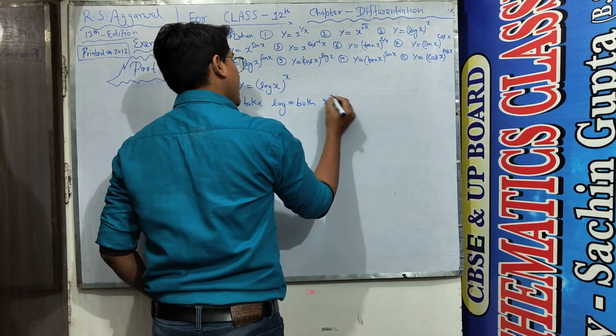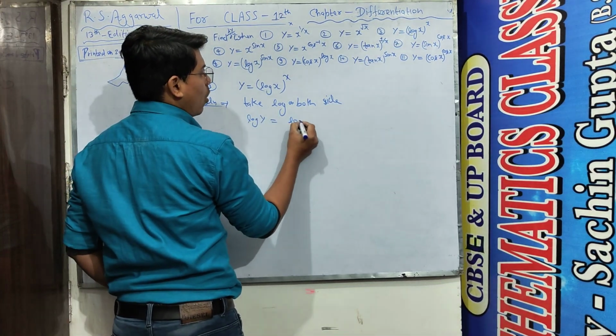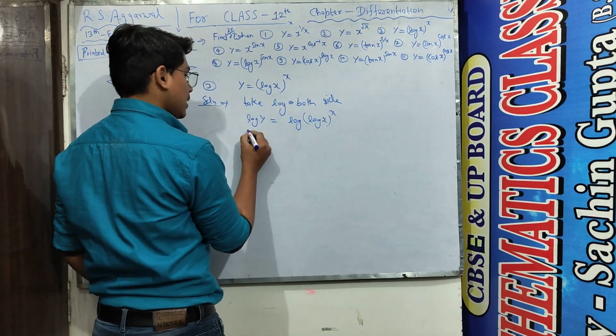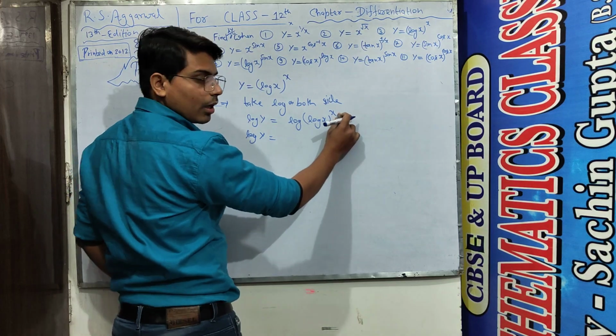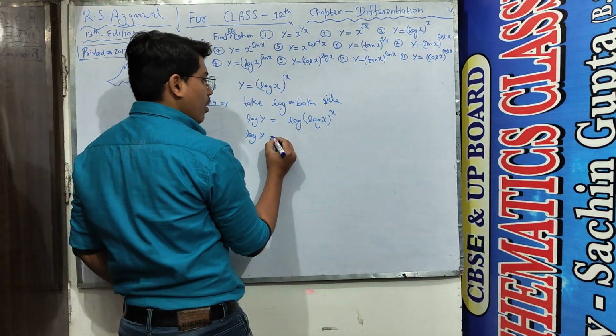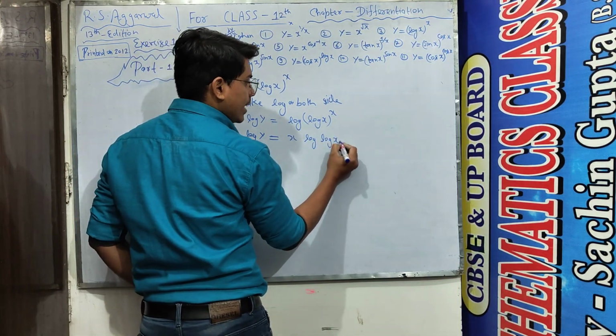Then it becomes log y equal to log of (log x) raised to the power x. Then this x, which is in the power of log x, comes before the log of log x.